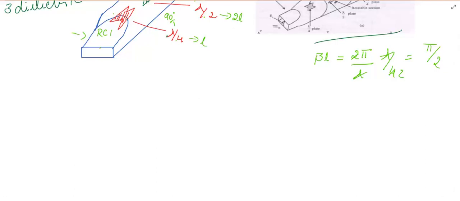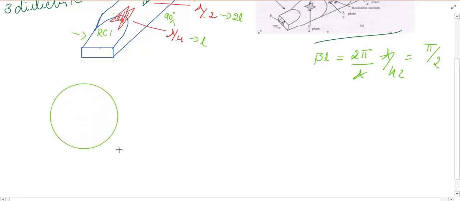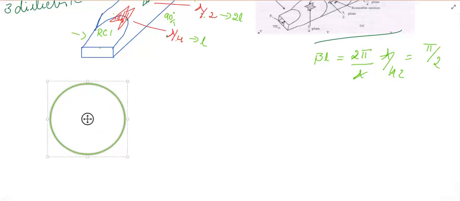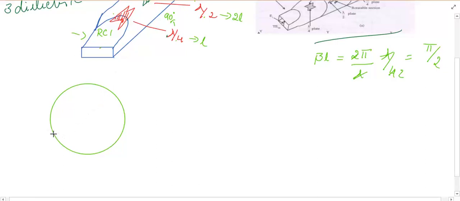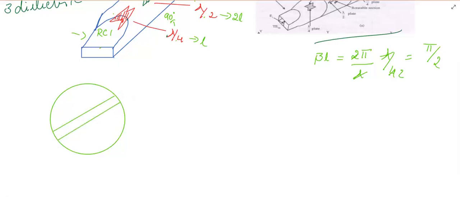We'll consider the first plate like this, and it makes an angle of 45 degrees. We'll consider it like this.